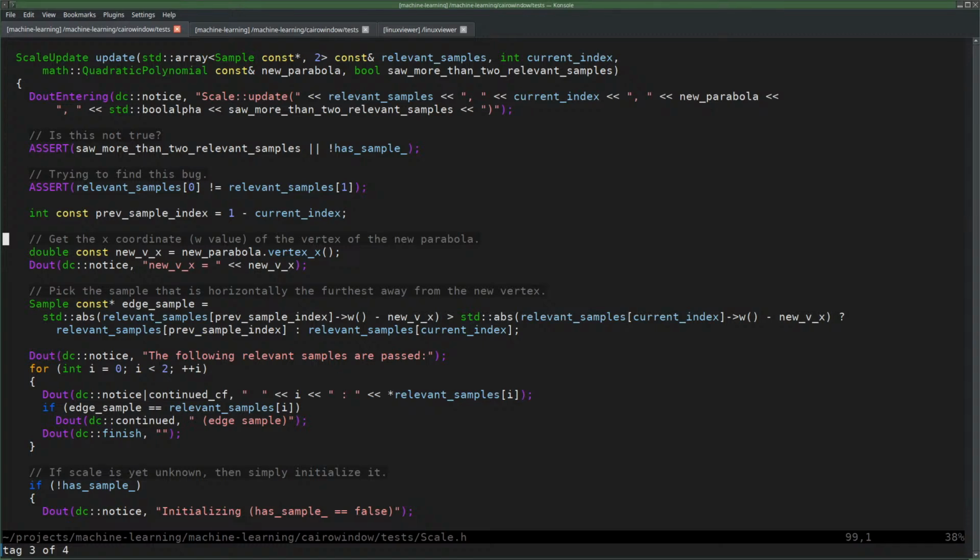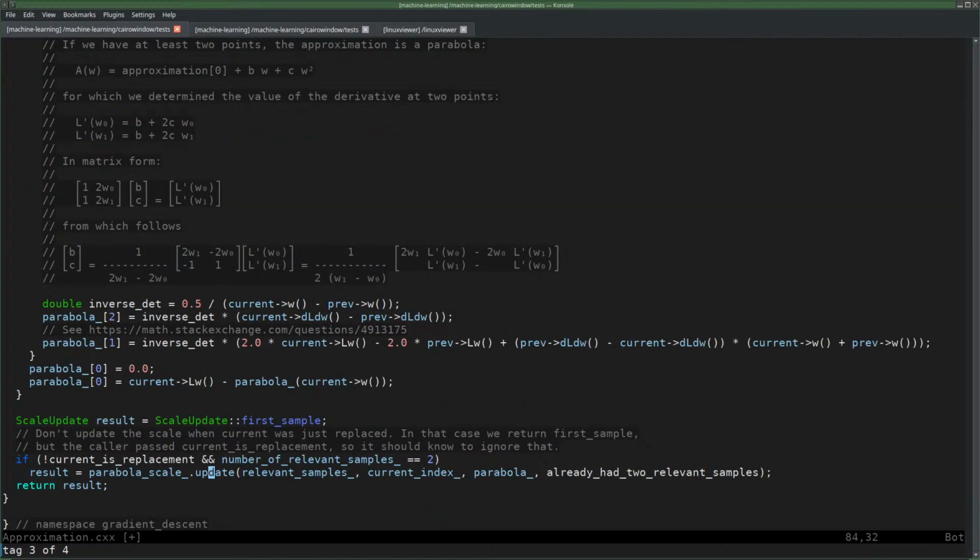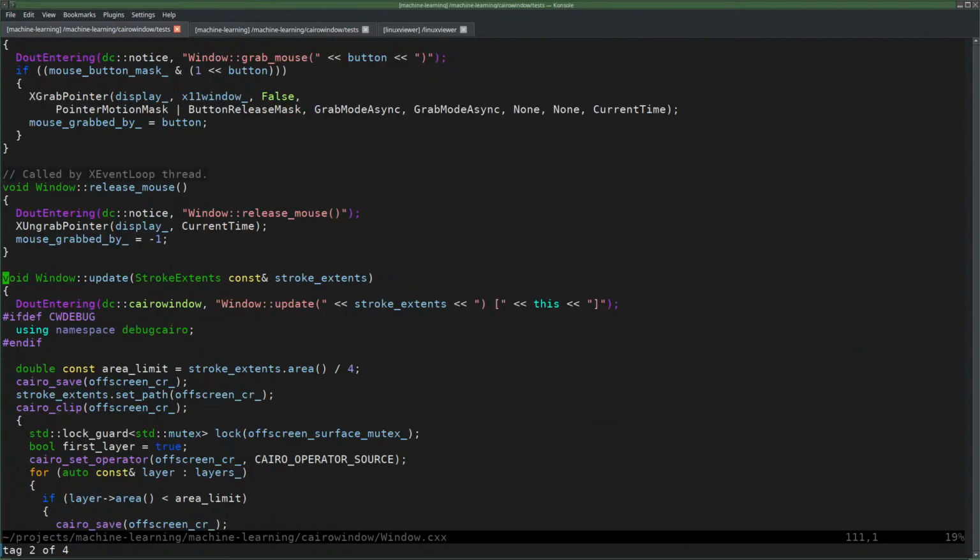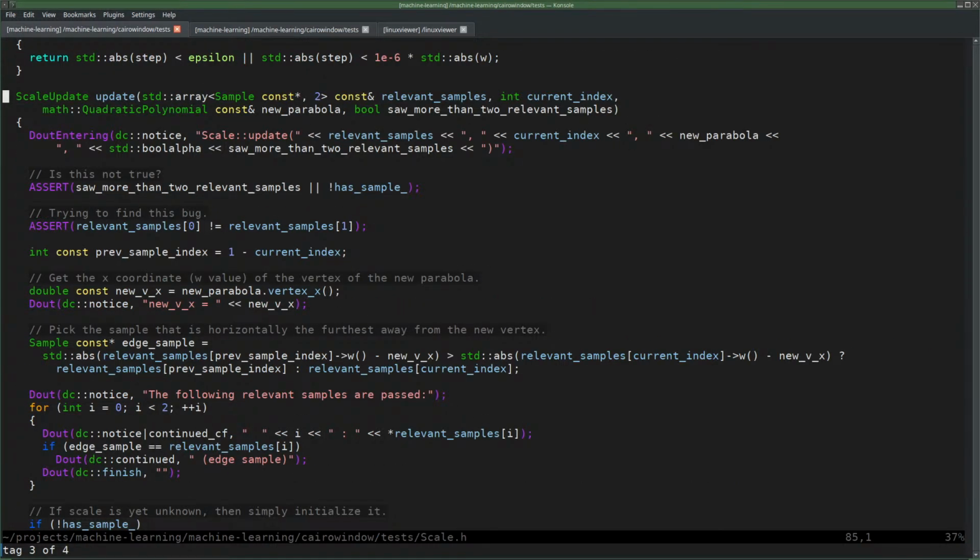I'm just passing the old parabola, right? We're passing parabola, which is the old parabola. I'm not updating it. But probably the same as the parabola that was still stored in the scale itself. Get the x-coordinate of the vertex of the new parabola, the parabola that was passed anyway.